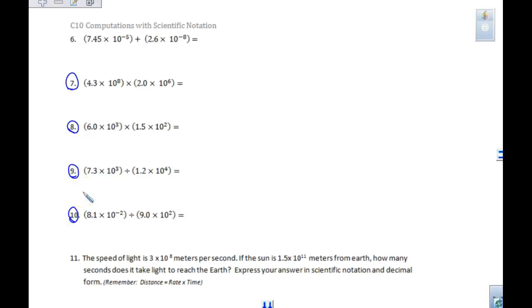The reason we are doing those is those are all of our problems that deal with multiplication and division. That is what I need completed when you walk in the door tomorrow.